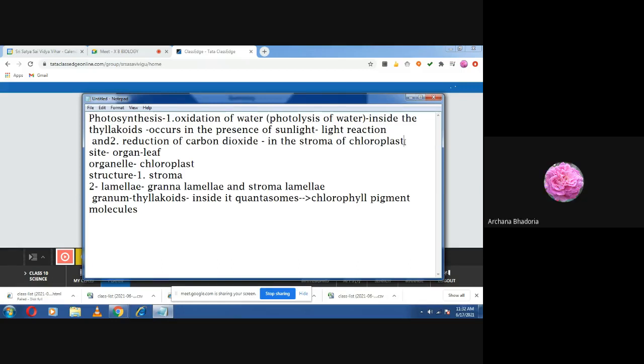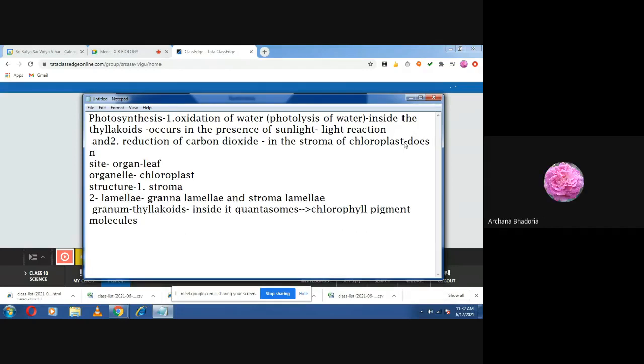And since this reaction does not require light, what do you have to say? Dark reaction. Now, when I say it does not require light, it does not mean that reduction cannot happen in the presence of light. Is it clear?